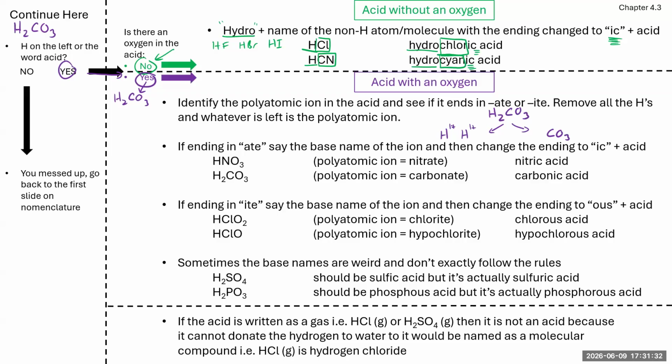Now that we know each hydrogen is a 1 plus, and we have two of them, that gives all the hydrogens a 2 plus in total. So that means this one is going to be a 2 minus because this is a neutral compound. So now let's look for CO3 2 minus.